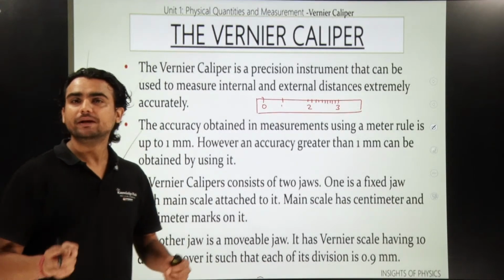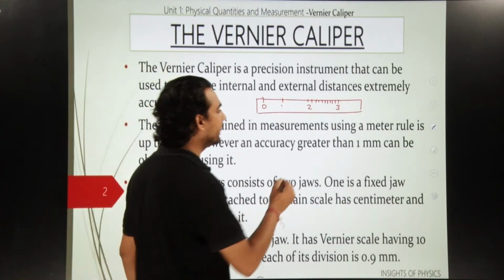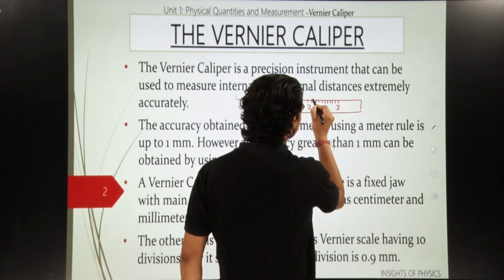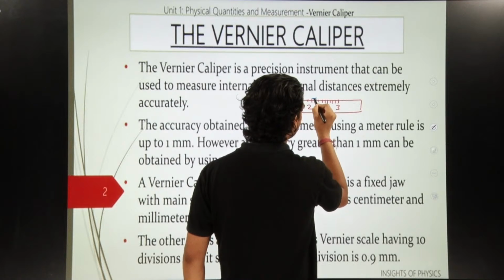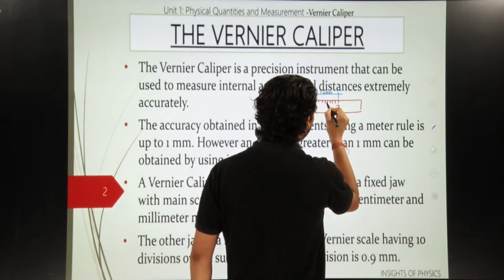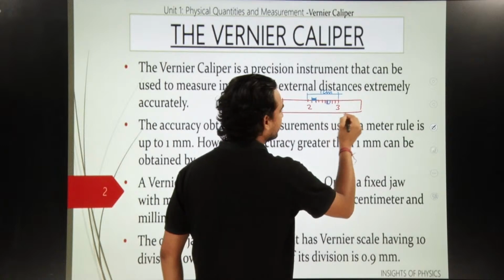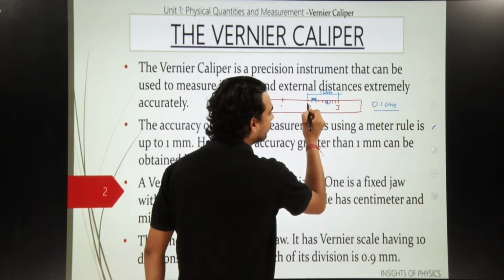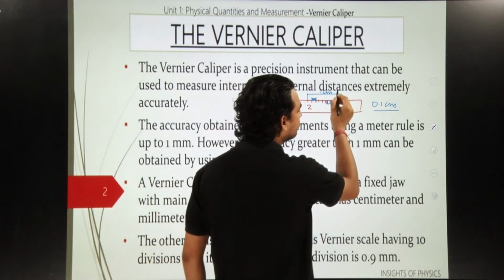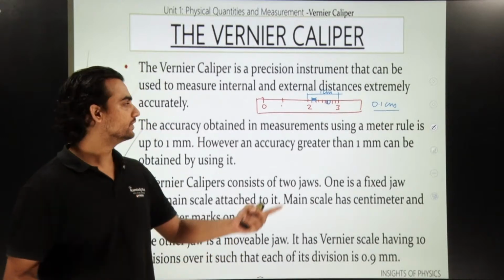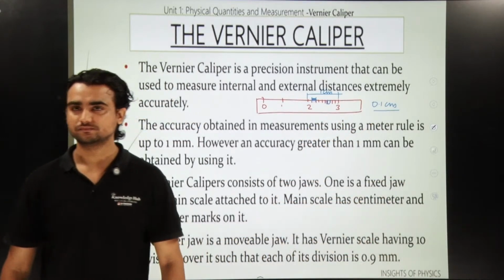And what is the minimum that I can measure? This is the minimum length I can measure. If the total is 1 centimeter, this one block is of length how much? Can I say it is 0.1 centimeter? Because if I add 0.1 ten times, it will become 1 centimeter. So the minimum I can measure is 0.1 centimeter.